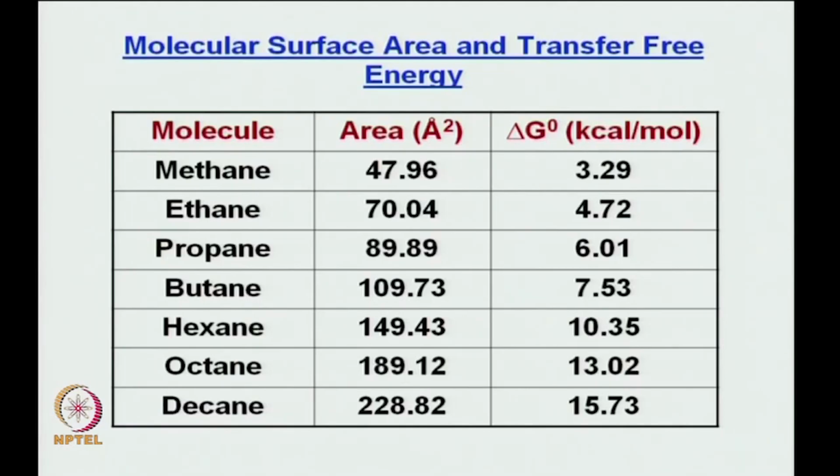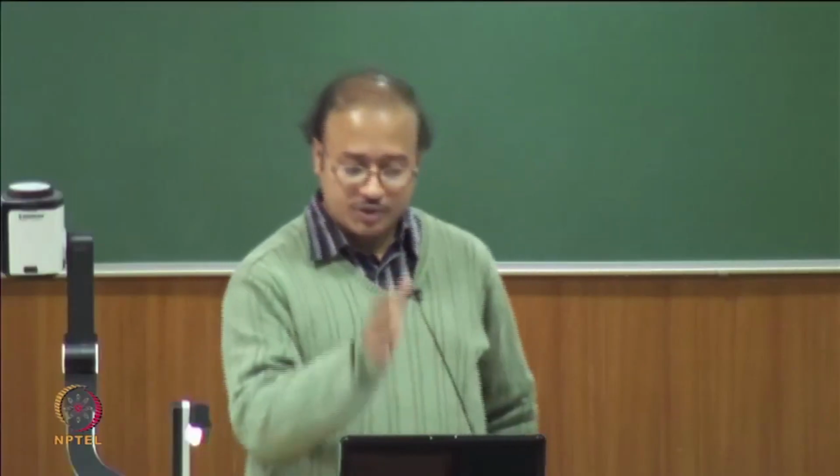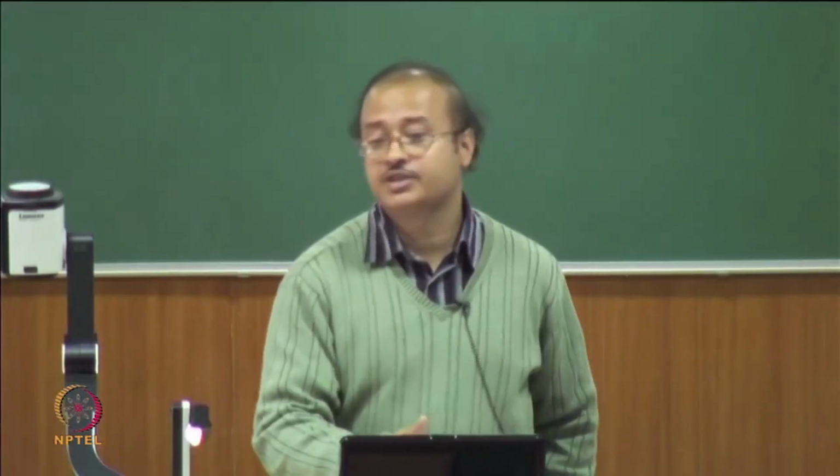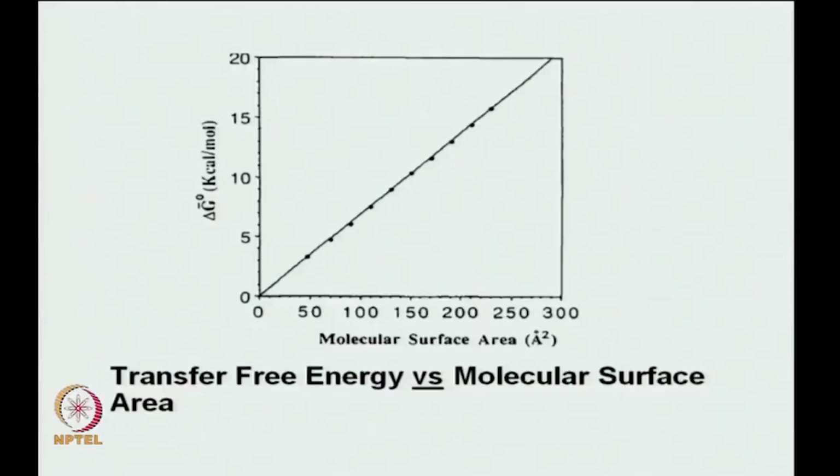That means more solvent molecules can come close to the hydrophobic molecule. That means there is more accessible surface area. So, suppose you plot delta G 0 on the y axis versus the accessible surface area, what would you get? And there is a very good result. What you get is your transfer free energy is almost a linear function of your accessible surface area.